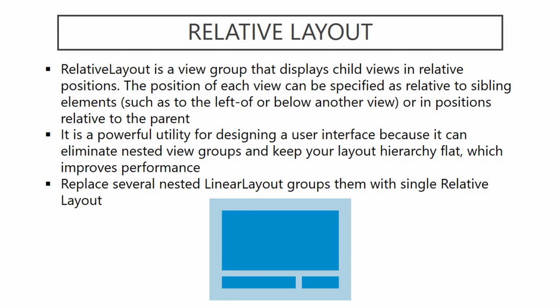So instead of using linear layout groups, you can use a relative layout. Now the views and view groups are positioned relative to each other or relative to the parent. So we can replace several nested linear layout groups and use a single relative layout.